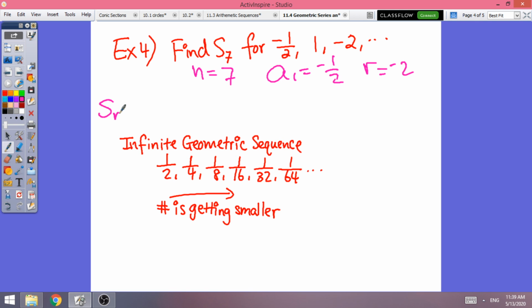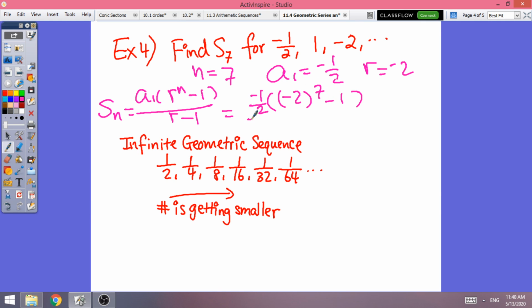Using the sum formula, S sub n is a sub 1 times the common ratio to the power of n, minus 1, all over r minus 1. So a sub 1 is negative 1/2, and the common ratio is negative 2, quantity to the power of 7, minus 1, and this whole thing is all over negative 2 minus 1.